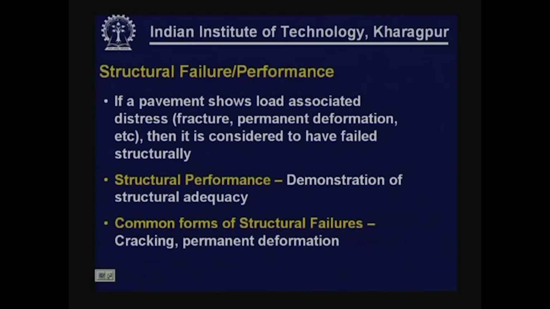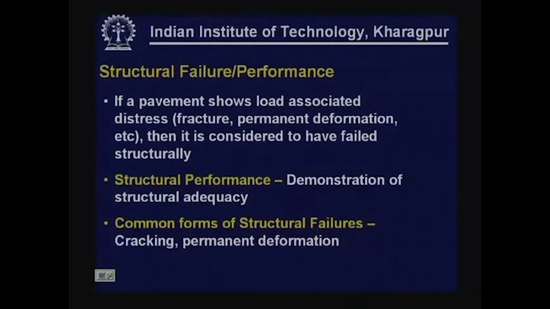If a pavement shows load associated distress, then it is considered to have failed structurally. Then it is considered to have not performed satisfactorily, and it does not have adequate structural performance. Structural performance is nothing but demonstration of its structural adequacy over a sufficient length of period, over its design life period.